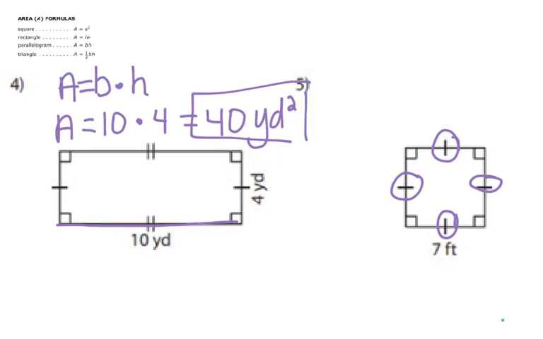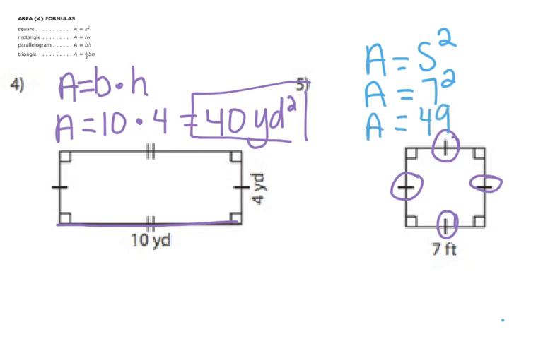So to find the area of a square, we do side squared. So our area here is 7 squared, which is 49. So 49 feet squared is the area of this polygon.